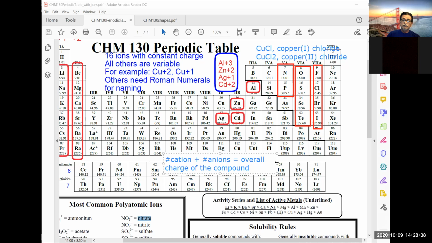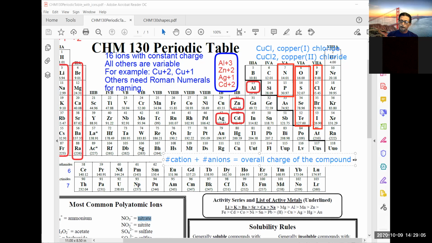And this is a very good general formula, because for the majority of the compounds you have, the overall charge of the compound is 0. So if you don't know what the charge is on the cation, you always will know what the anion is, or vice versa, and you can solve for what's missing.